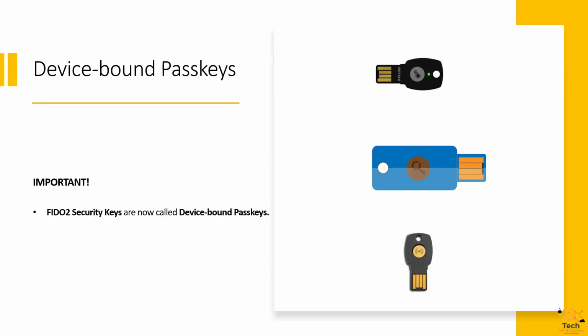Okay, there are two types of passkeys. Device-bound passkeys. An important thing here is that FIDO2 security keys are now called device-bound passkeys. So when you hear FIDO security keys or FIDO2 security keys, you have to think about passkeys. So from now on, every time you hear FIDO2 security keys or security keys, think about device-bound passkeys.